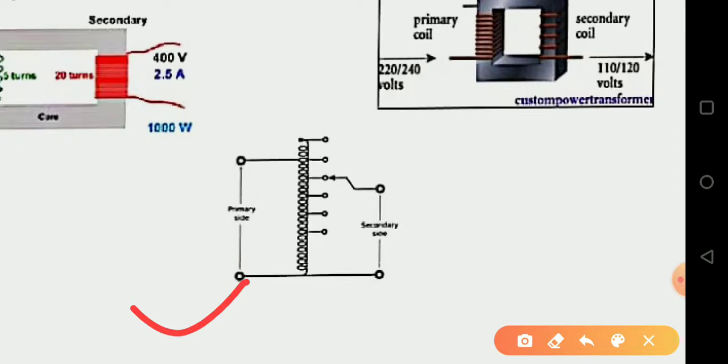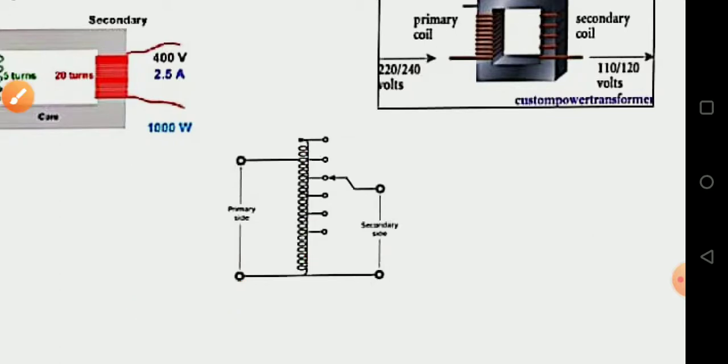An auto transformer is an electrical transformer that has only one winding. It means one single winding is used as both the primary winding and the secondary winding.